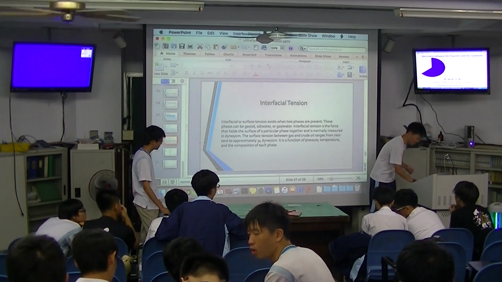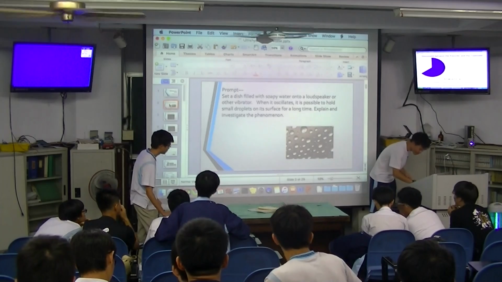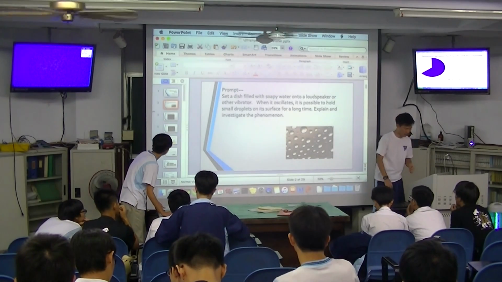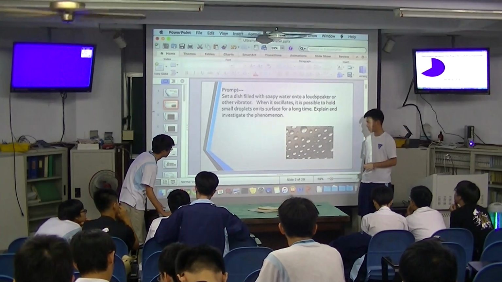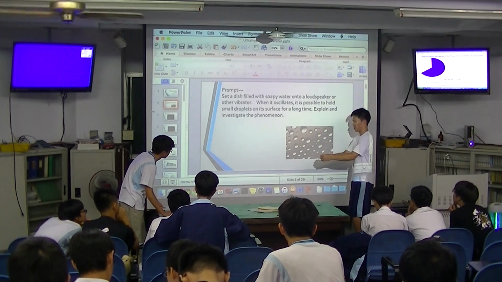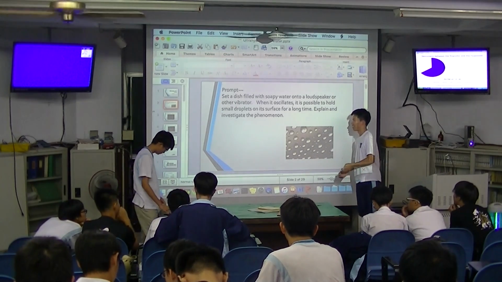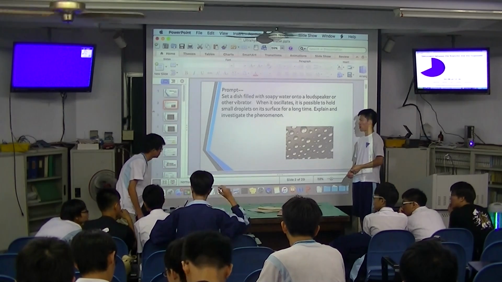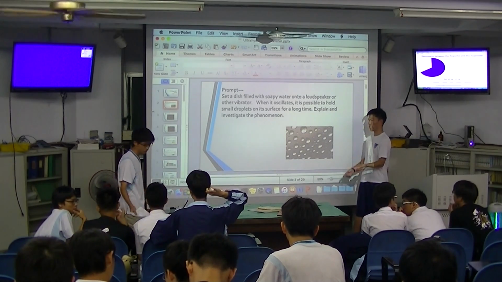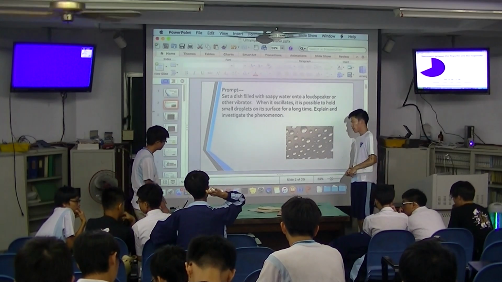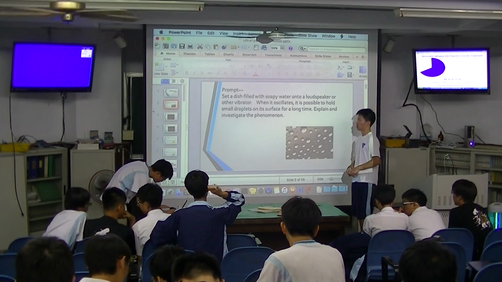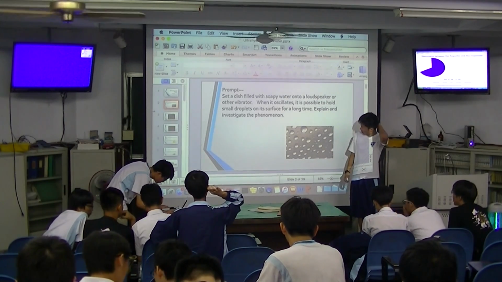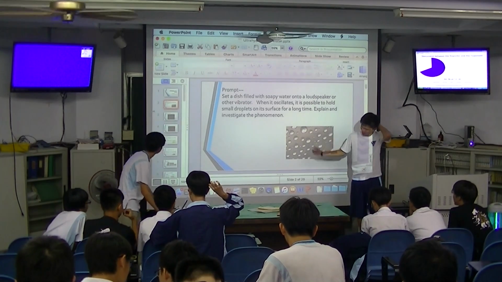The prompt doesn't really tell us to investigate how the water moves, it just tells us to investigate the droplets being there. We could go into deeper research about how the water droplets move. We haven't done any research on that, but I don't think that's really about the problem.